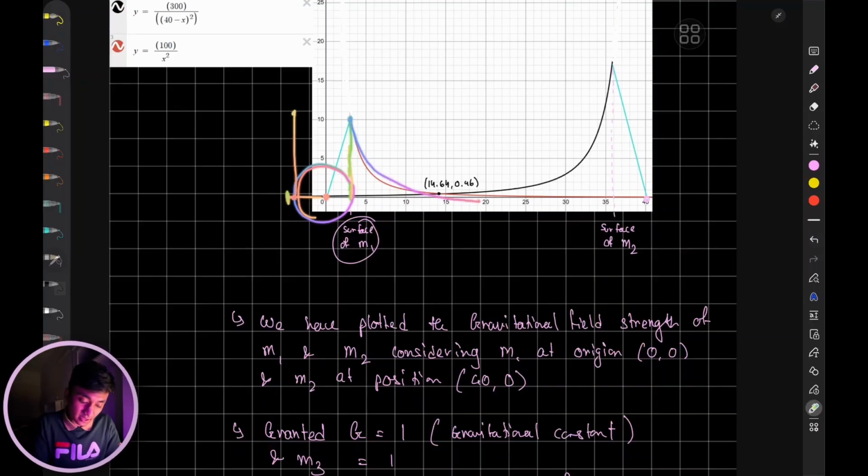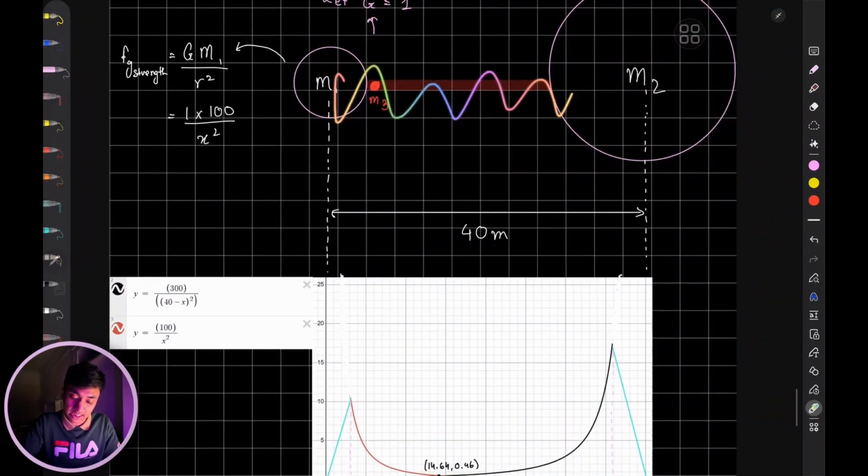The same happens on this side: highest on this side and then decreases as you move away. So this same curved graph is also on this side. Please don't be confused. Same with M2. If it's happening over here, it's also happening on the other side. I'm just looking at the space in between.